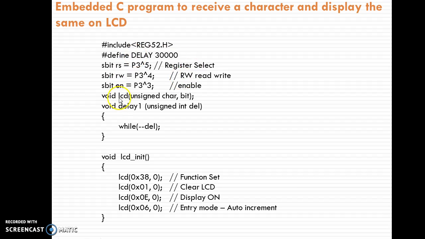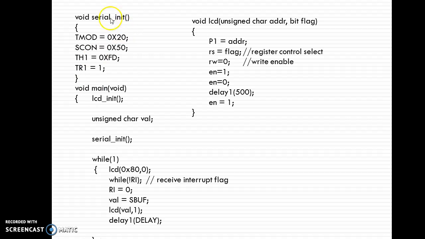This program comprises functions such as LCD and delay, in order to generate the delay. As said in the previous video, we need to initialize the LCD, and LCD_init is the function that is being used to initialize the LCD.